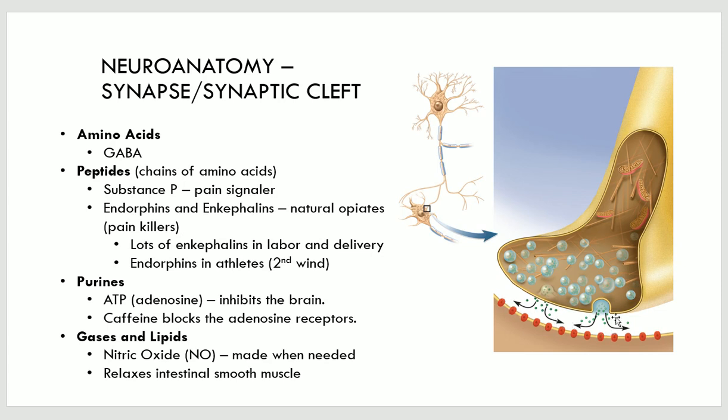So we have the synapse, the gap, we have all these little receptors here. And these receptors have to be open and available to receive information, right? If something is blocking the receptor, then the signal dies and it does not continue. The neurotransmitter just goes away.